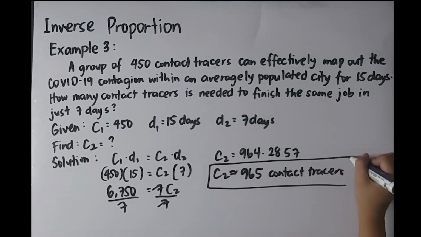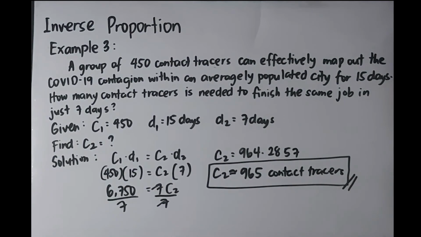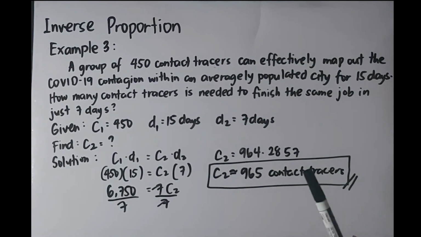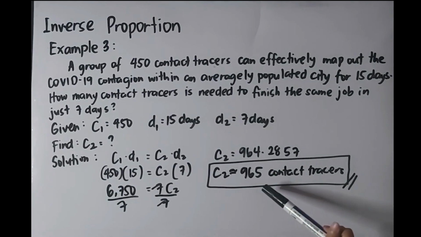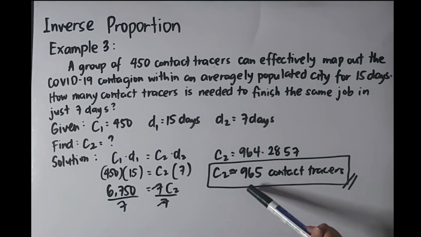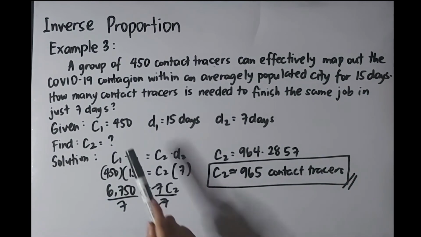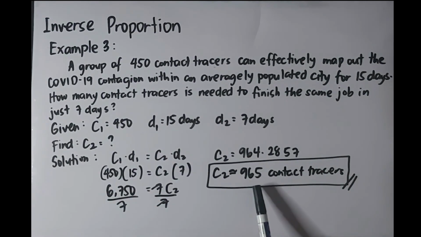So to finish the job, to map out whoever the COVID-19 infected in an average populated city, in just 7 days, we need 965 contact tracers. So as we can see, from 450, it increased to 965.